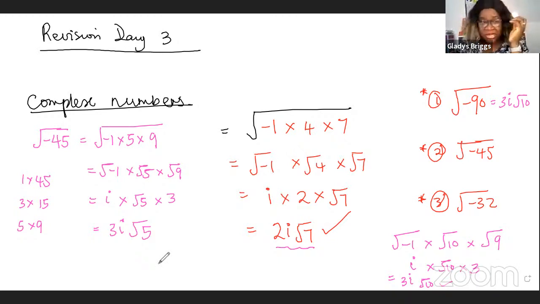If you don't know how to do it, this is your chance. How about the square root of negative 32? Did anybody do it? Let me check the chat. Well done, Reem. I'm going to have a look now. Hamad, I didn't get an answer from you for number 3. Okay, I will try.